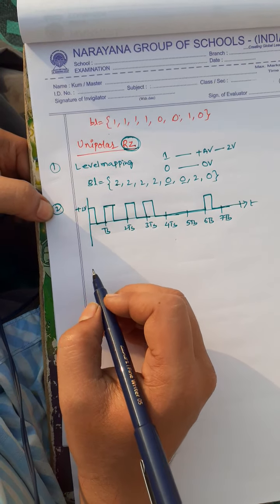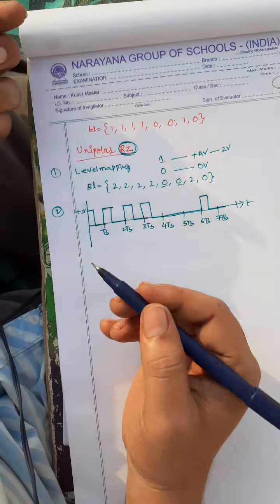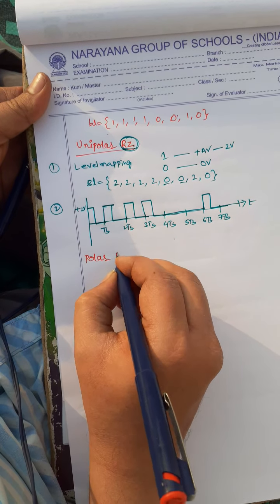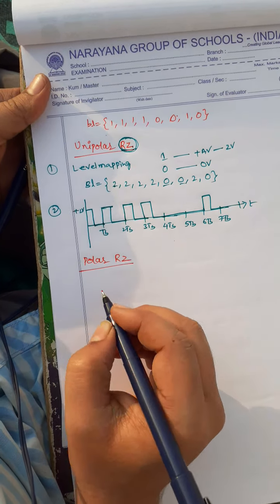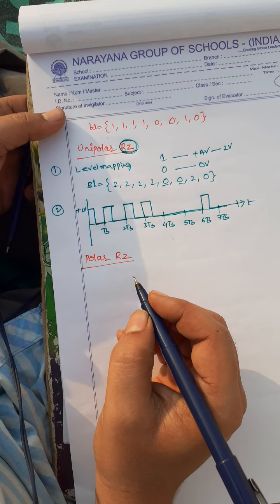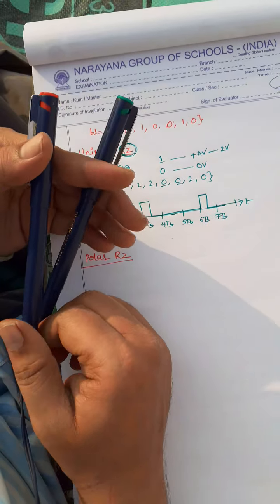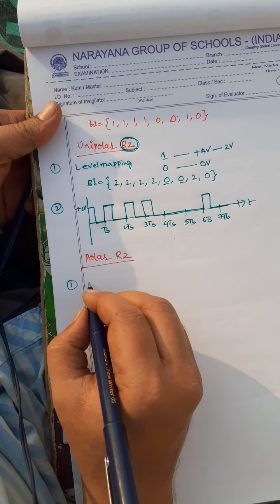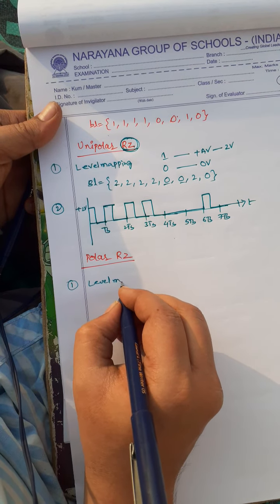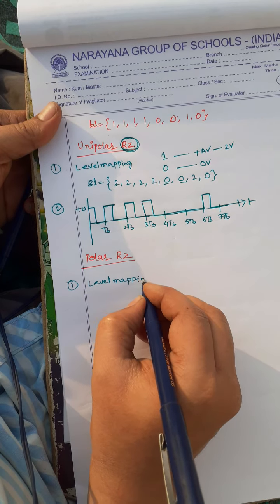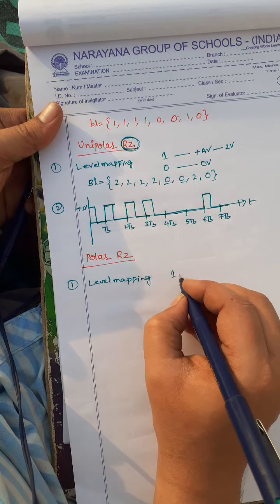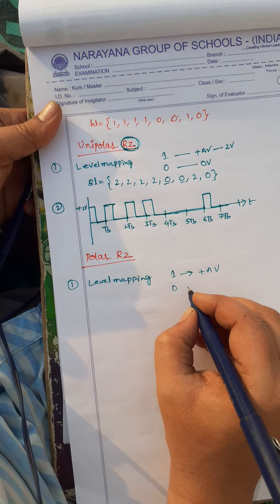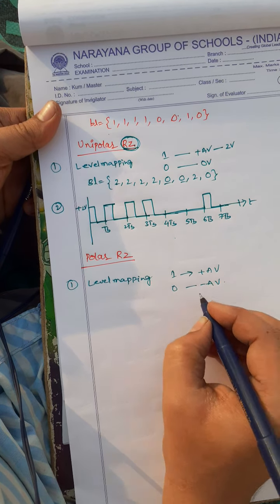Okay, next one, polar RZ. So in polar RZ, step 1 is level mapping: bit 1 will be represented by plus A volts, bit 0 will be represented by minus A volts.